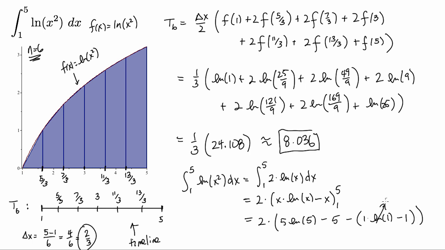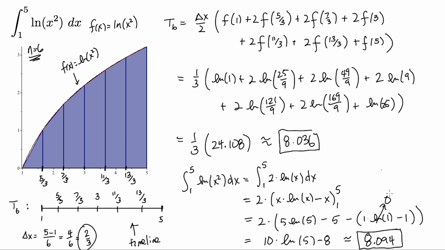Natural log of 1 is 0. If I combine all of this, I have 10 times natural log of 5. Then if you look at the constants, 2 times negative 5 is negative 10, and negative 1 would be plus 1 times 2, so negative 10 plus 2 is negative 8. If you evaluate that, you get approximately 8.094.